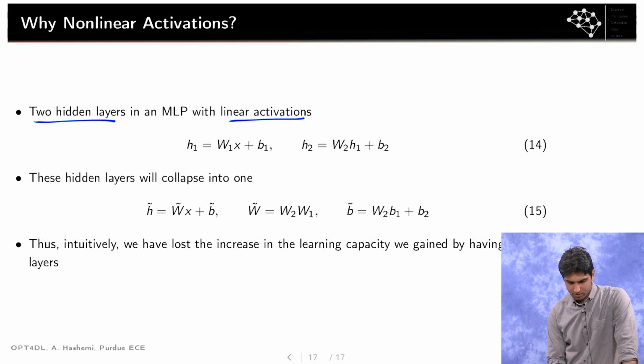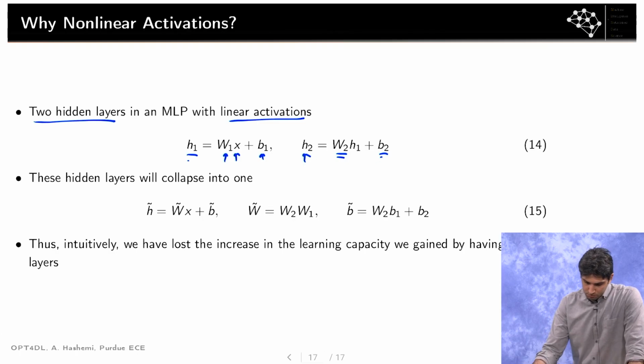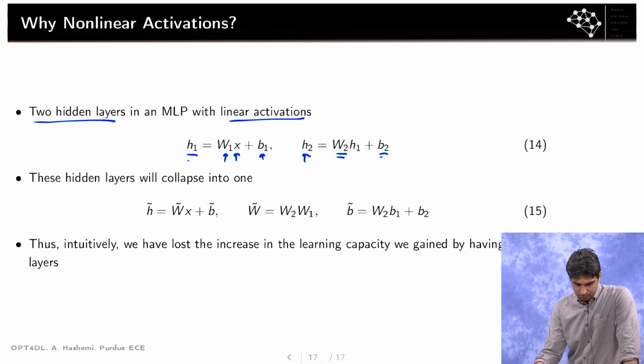In particular, let's say I have the input, I multiply with W1, add some bias, and then I don't apply any nonlinear activation. Therefore, the output of the first hidden layer is H1, and then I feed it to the next hidden layer. And that means that I multiply with another weight matrix W2, add a bias, and then I get my output H2. Now, it is actually very easy to see that these hidden layers will collapse into one.